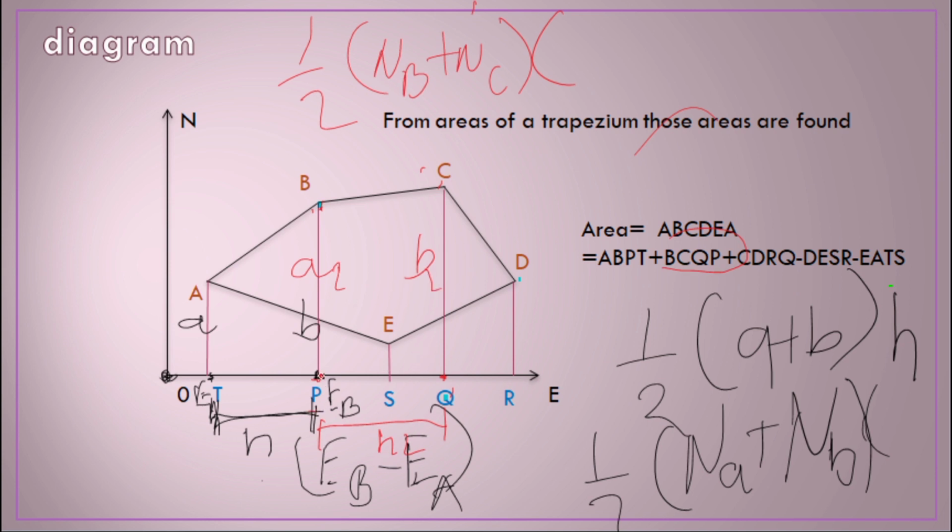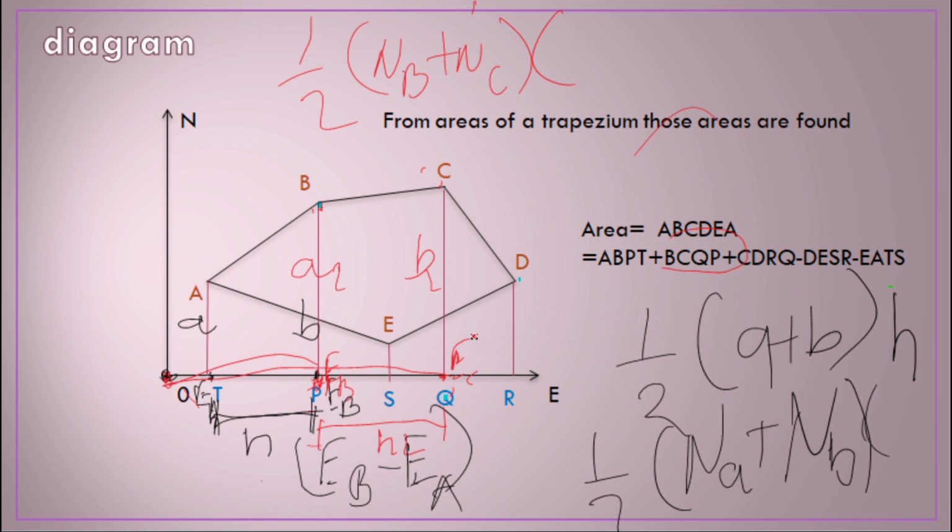So this distance from here to here: remember earlier I told you that from here is the origin, so the easting of B is the distance to there, then the easting of C is the distance to here. The difference between these two will give me my H2.